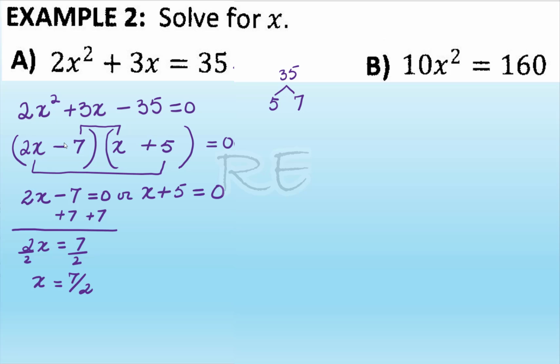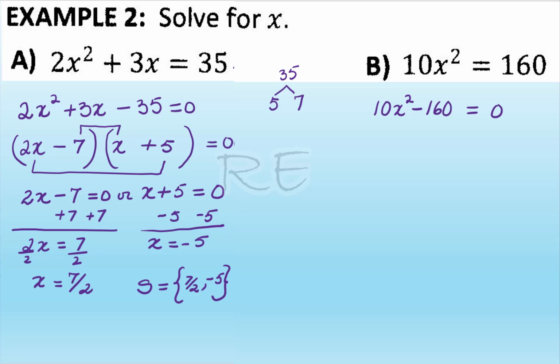When we subtract 5 from both sides, we get x equal to negative 5. So the solution set is either x equal to 7/2 or x equal to negative 5.